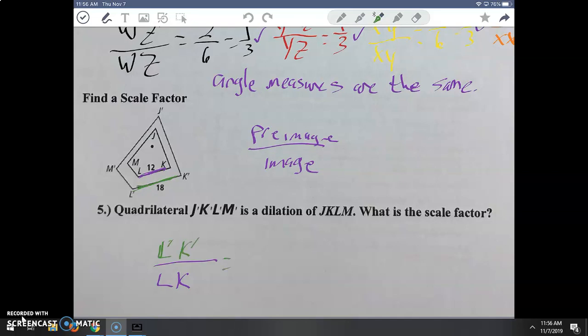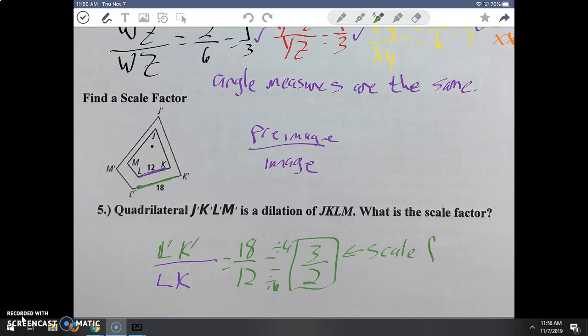So when we write it down, we end up with 18 over 12, and then when we simplify that, both sides can be divided by 6. So that would be 3 over 2. That right there is your scale factor.